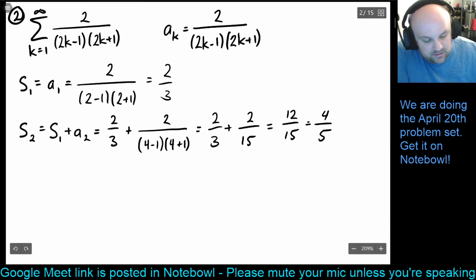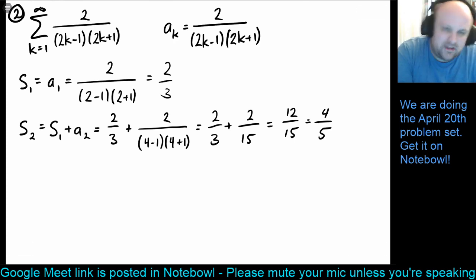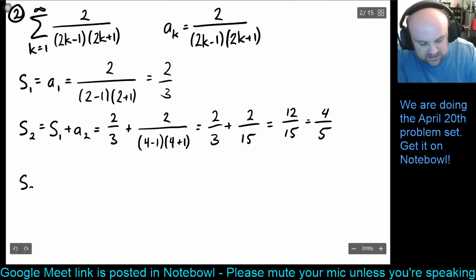I have a guess at what a pattern could be here, but I'm not too sure yet. With 2 terms it's really hard to say for sure that this is the pattern. So we should use at least 3. So let's look at S3 here. This is going to be S2 plus A3. Right?